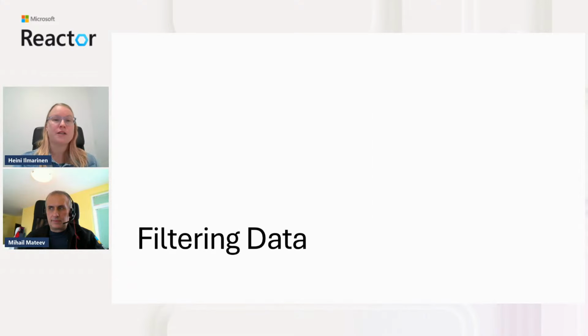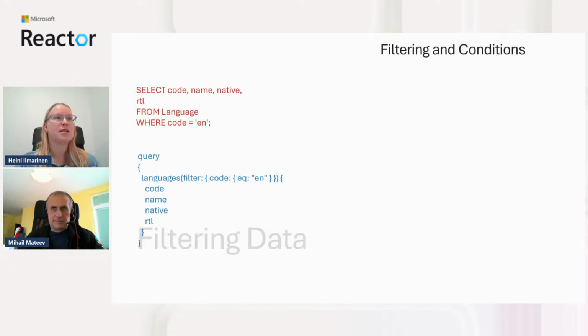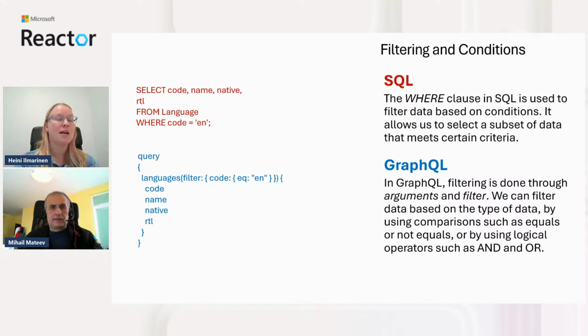And of course, when we talk about queries, then a lot of times we also have a requirement to filter the data as well. Normally, we don't just take everything. This is one of the very common use cases that we might have. On the SQL side of the world, we would use the where clause to do the filtering and then specify a requirement that needs to be fulfilled to get a specific subset of data. In GraphQL, we have a specific syntax in which we would do that as well. So we have the same query structure we had for a simple query.